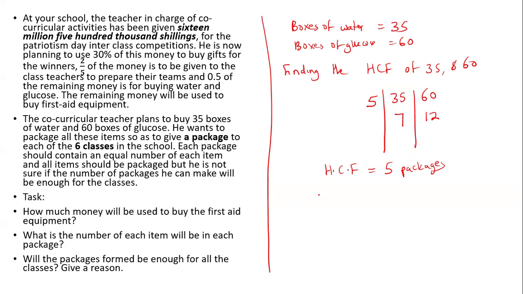Now, to get the number of items in each package, you have 2 ways. The remainders you always obtain are the number of items that are going to be in each package. Alternatively, you can say, now I have 35 boxes divided by the 5 packages, I end up with 7. I have 60 divided by 5, which is 12. So that is the second alternative.